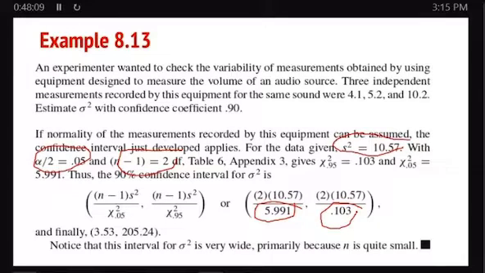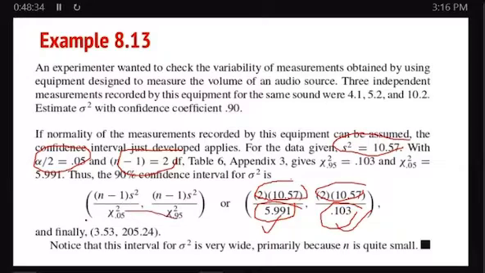Now I need you to take note: the one here will always be greater than the one here. I'm talking about the denominator. That is why in the end, they're going to have the same numerator but different denominators, because you check alpha over 2 with the degree of freedom and 1 minus alpha over 2 with the degree of freedom.